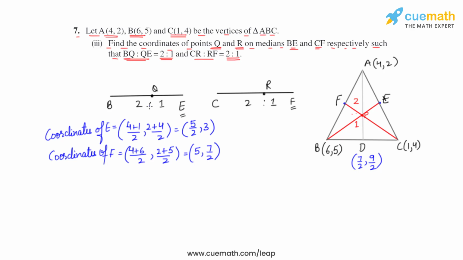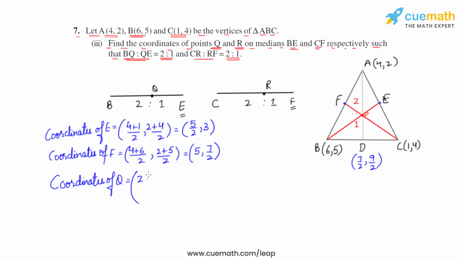Now we have to find the coordinates of Q. So now we can use the section formula. Coordinates of Q is equal to (m x2 plus n x1)/(m plus n).